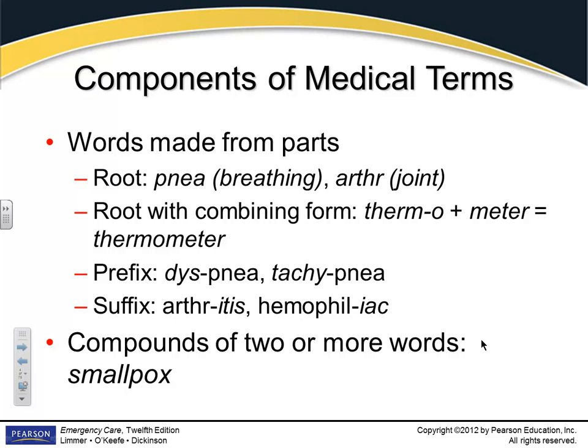So if you add DYS with PNEA, what have you got? Difficulty breathing, right. If you add something to the end, we know arthro, arth right here, means joint. Itis, what's itis? Inflammation, yeah, so you've got inflammation of the joint.